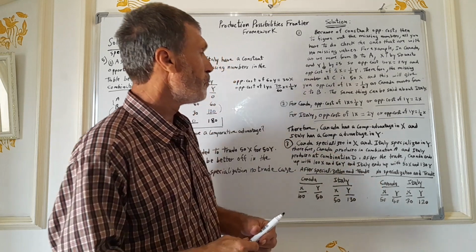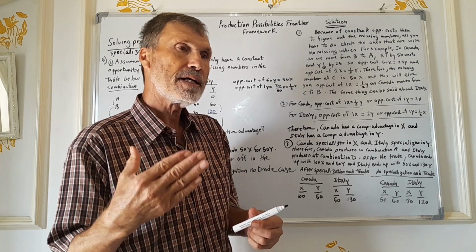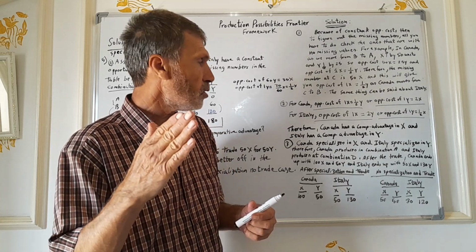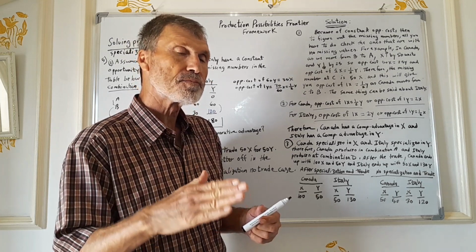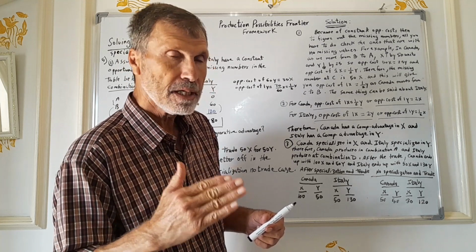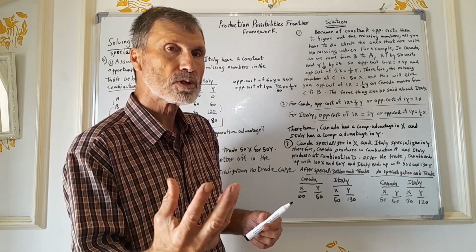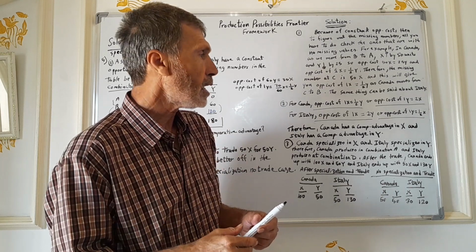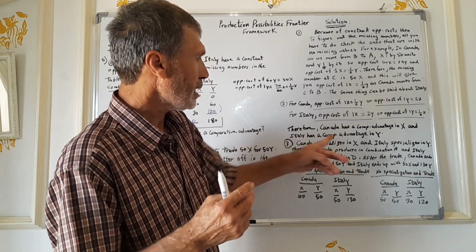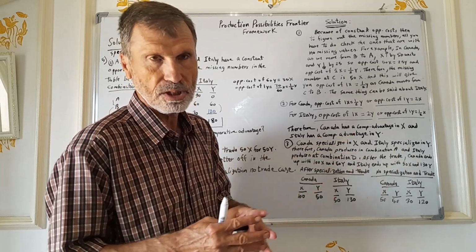Therefore, production of good y should be done by Italy rather than Canada, because Italy has a lower cost to produce y than Canada. So we say now that Canada has a comparative advantage in x and Italy has a comparative advantage in y.